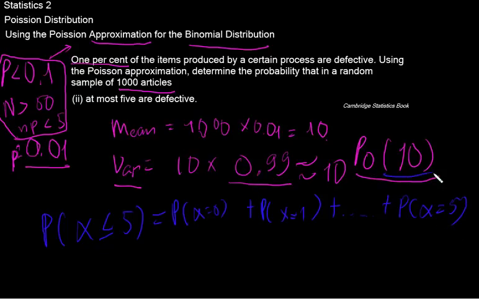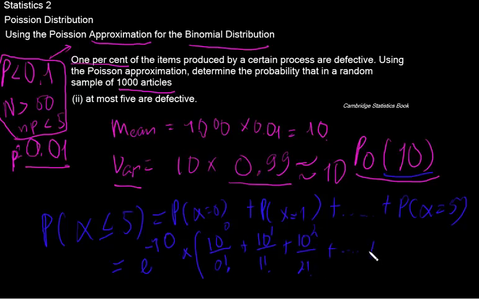So the mean is 10, right? So this will be equal to e to the power of minus 10 times, for x equals 0, so this part ahead is always the same, e to the power of minus 10. So x equals 0, so 10 to the power of 0 over 0 factorial plus 10 to the power of 1 over 1 factorial, 10 to the power of 2 over 2 factorial, plus etc. plus 10 to the power of 5 over 5 factorial.